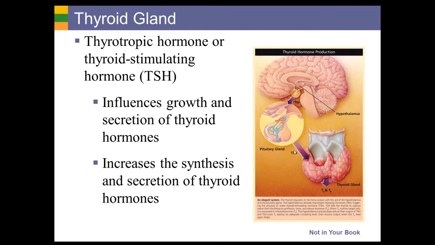Thyroid stimulating hormone, as the name implies, targets the thyroid gland and causes the release of T3, triiodothyronine, and T4, tetraiodothyronine. You can just call them T3 and T4. These are the thyroid hormones. So when you hear someone talk about thyroid hormones, they're talking about T3 and T4. T3 and T4 are released in response to thyroid stimulating hormone from the anterior pituitary gland.